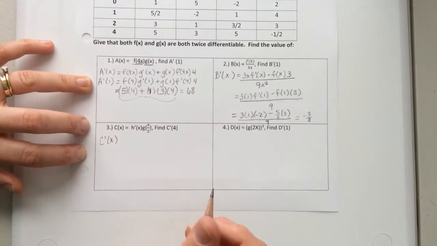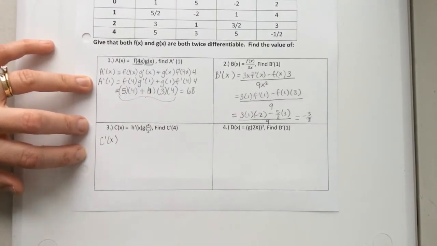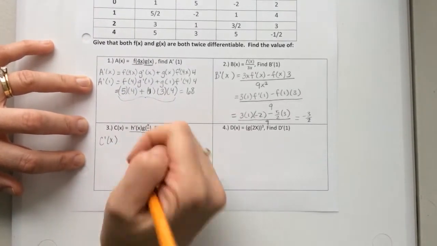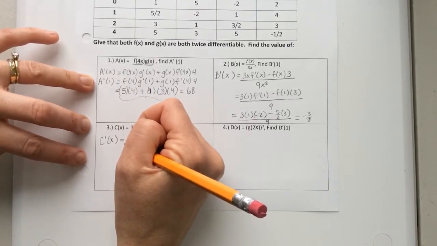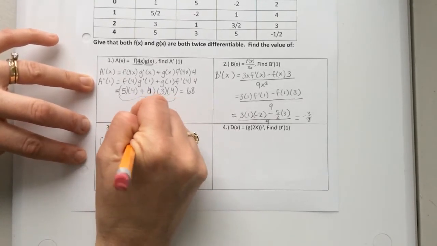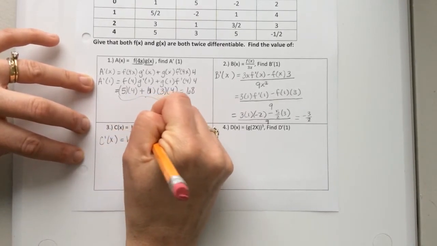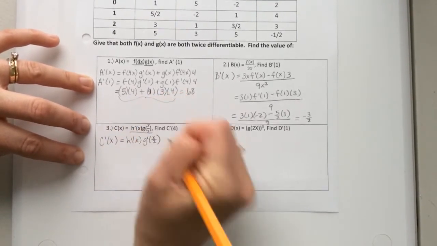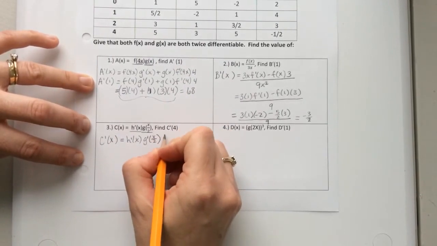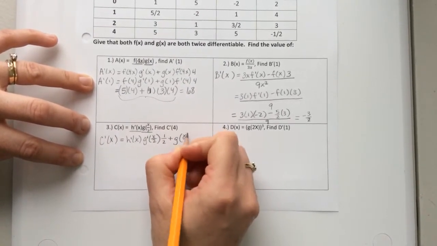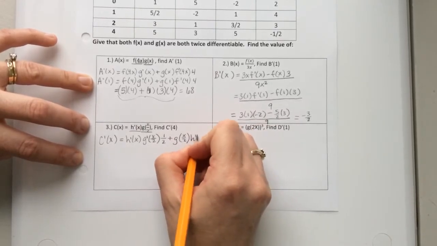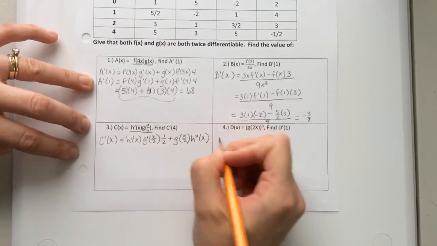On 3, c prime of x, we need the product rule again. So we get the first times the derivative of the second, which will be g prime of x over 2, and the derivative of x over 2 is 1/2, plus the second times h double prime of x.